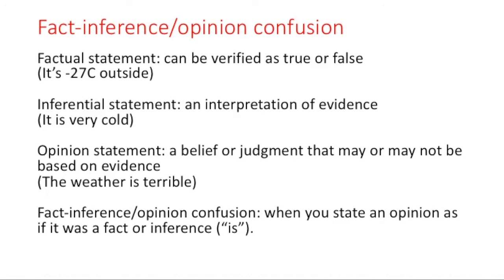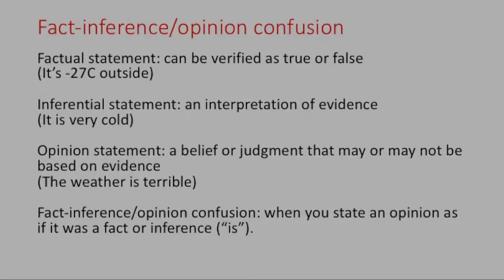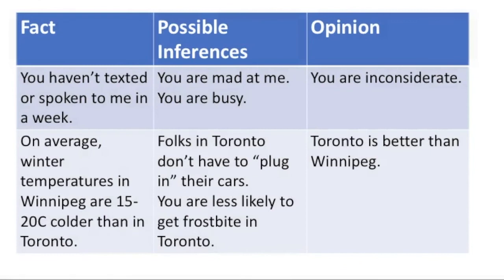Now, usually we can identify these types of statements when they include the word is. So let's look at a few examples. Fact: "you haven't texted me or spoken to me in a week." Right? This is something that can be proved by evidence. Now, there's a couple of possible different inferences, a couple of different possible interpretations of that fact. "You are mad at me," or "you are busy."